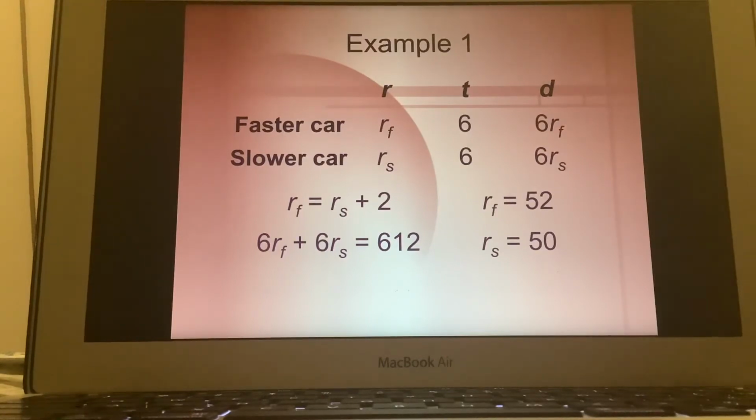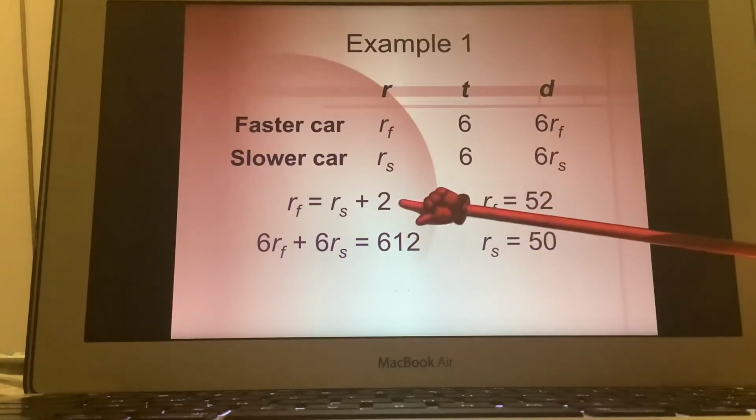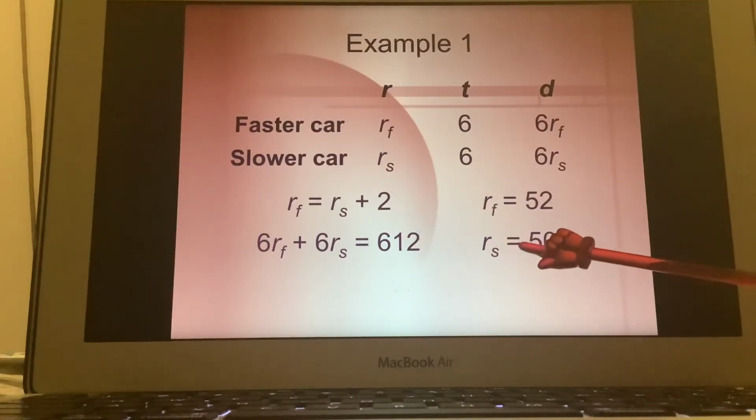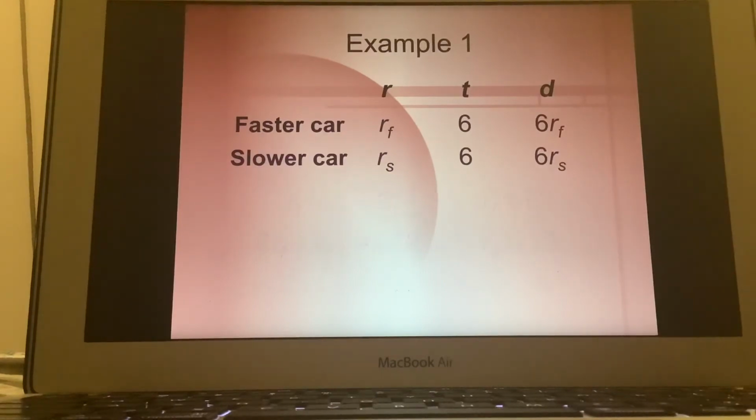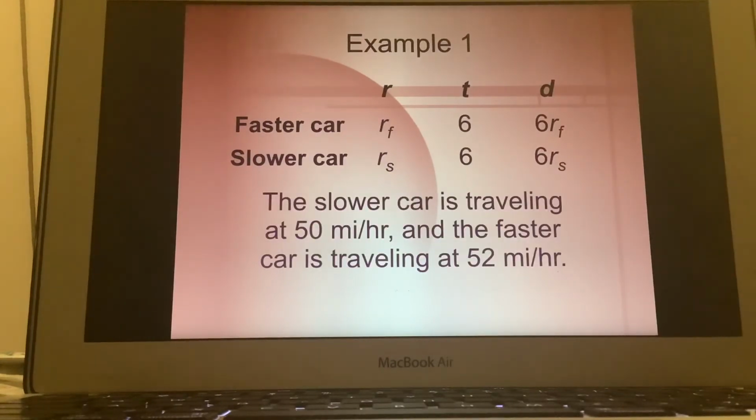And then because you have 50 plus 2, the rate of the slower car is going to be 50. The slower car is traveling at 50 miles per hour, and the faster car is traveling at 52 miles per hour.